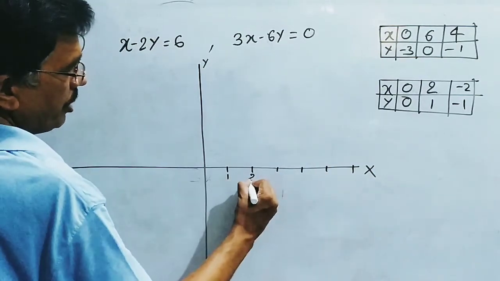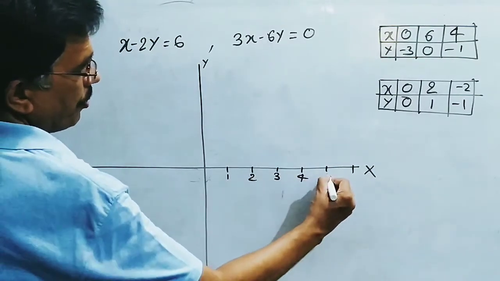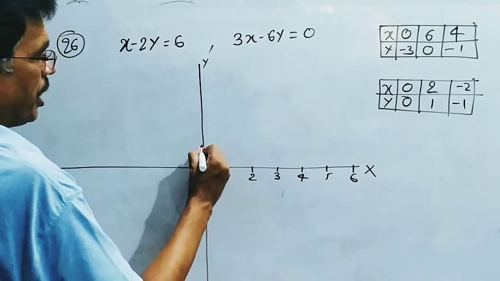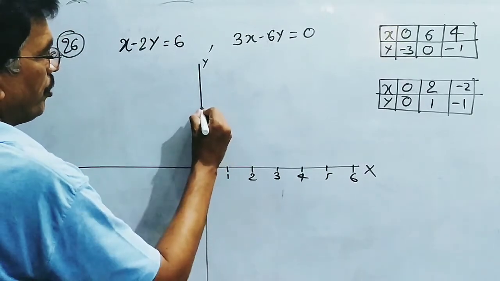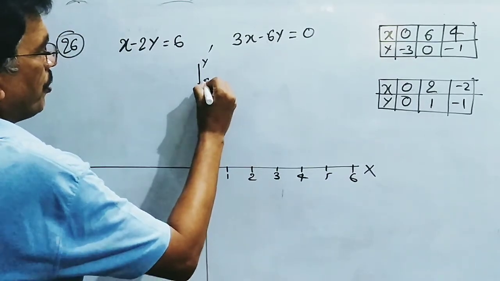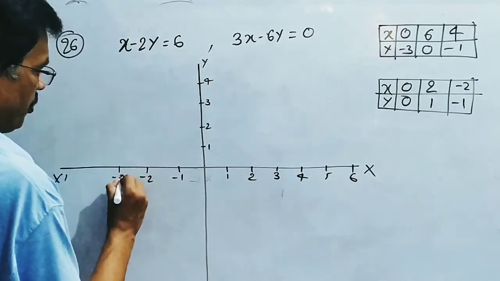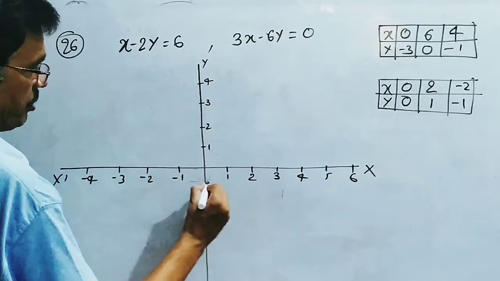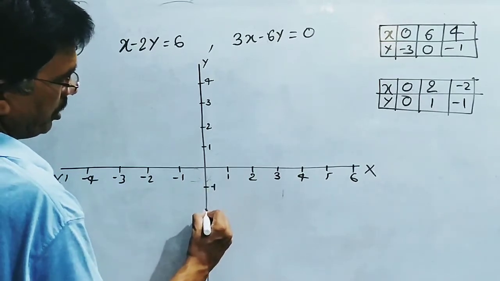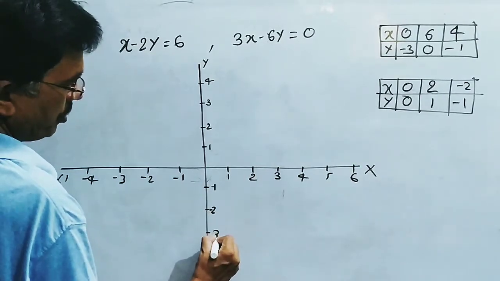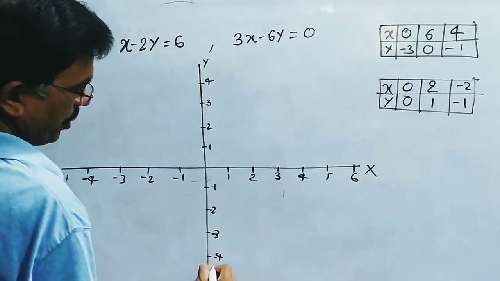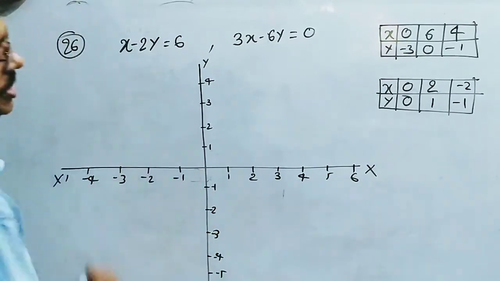You write 1, 2, 3, 4, 5, 6. Here is 1, 2, 3, 4. Here you write minus 1, minus 2, minus 3, minus 4, minus 5, minus 6.